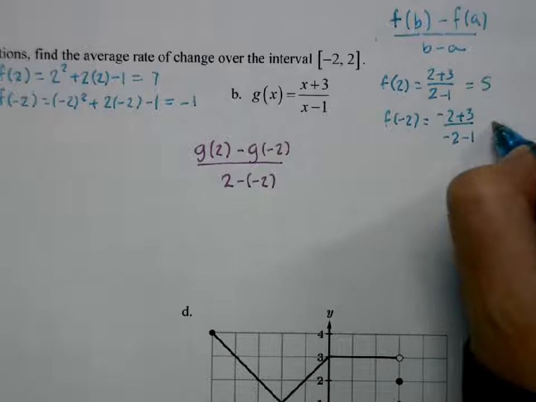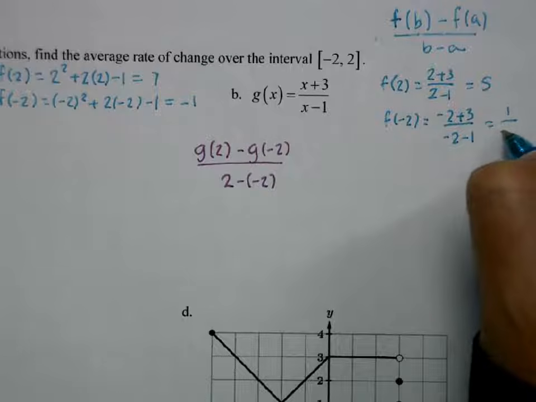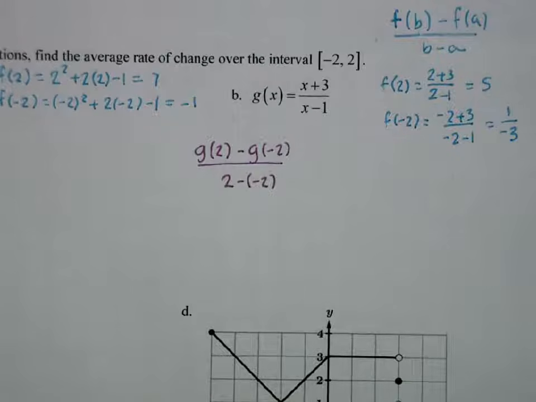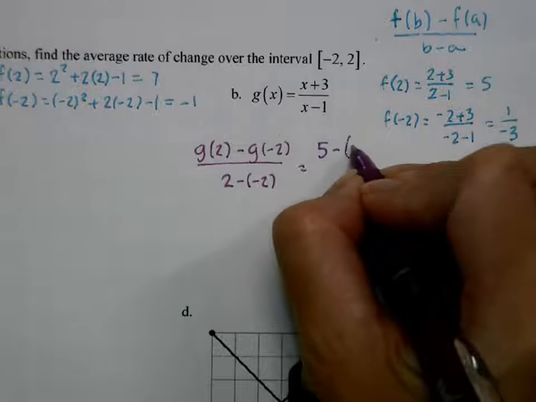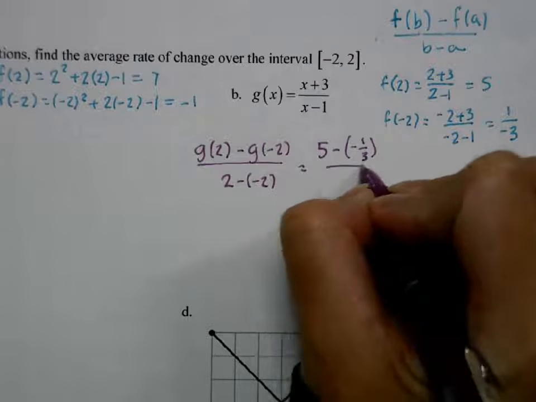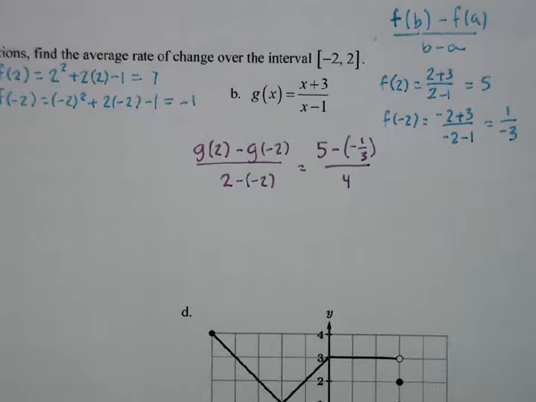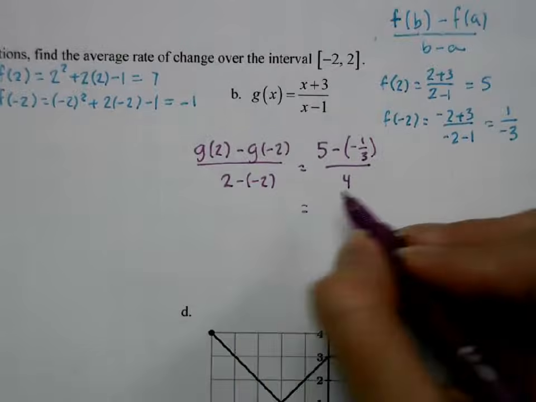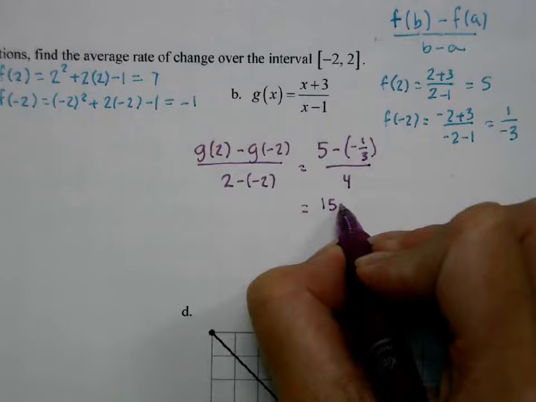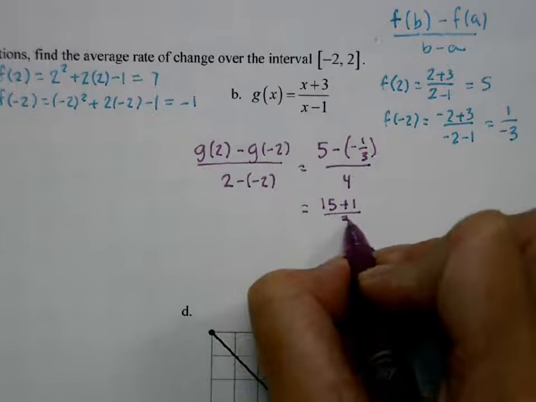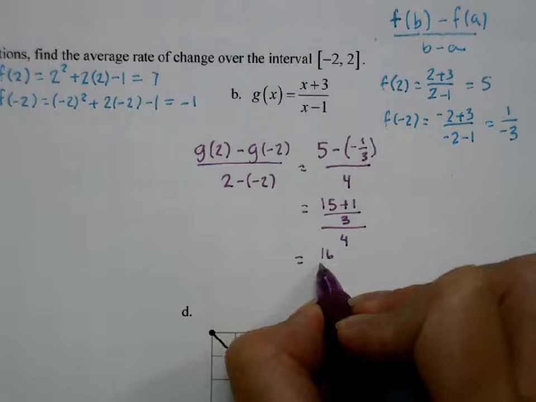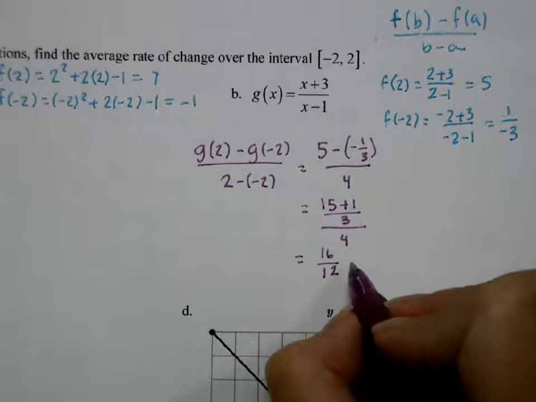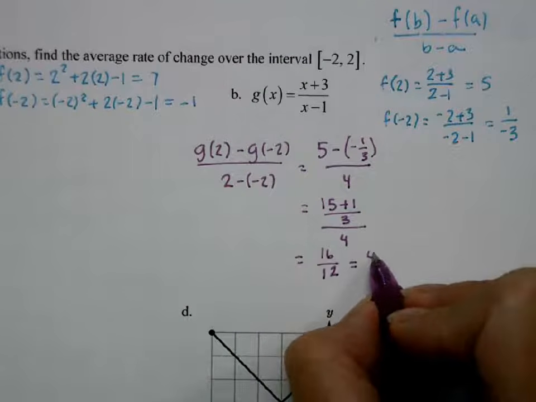So on the top we get 1, on the bottom we get a negative 3. So we've got 5 minus negative 1/3 over 4. We'll get a common denominator here. So this will be 15 plus 1 over 3. So 16 over 12, which reduces to 4/3.